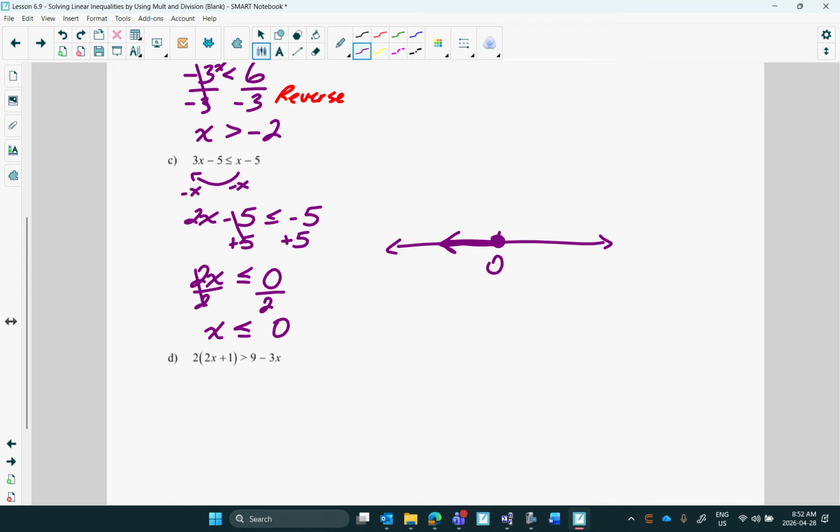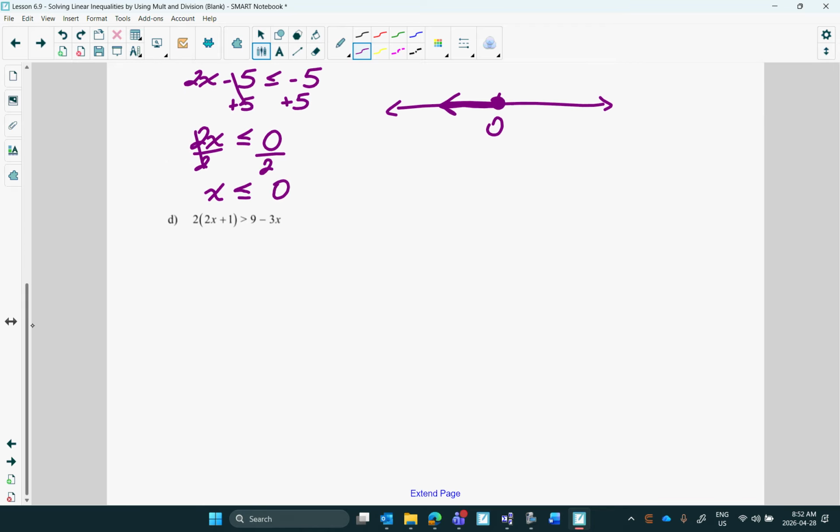And the last one here. What would you do first? In the reference, or yeah, in the reference. Yeah. Figure these out by multiplying everything inside by 2. So I get 2 times 2x is 4x, plus 2 times 1 is 2. Now it looks very similar to the last one where we had variables on both sides. Bring this over here, this time by adding it.